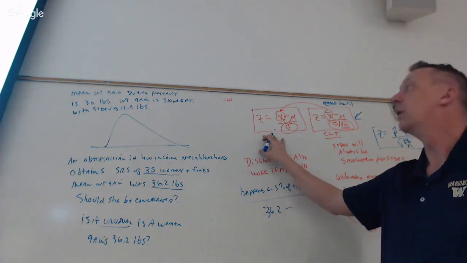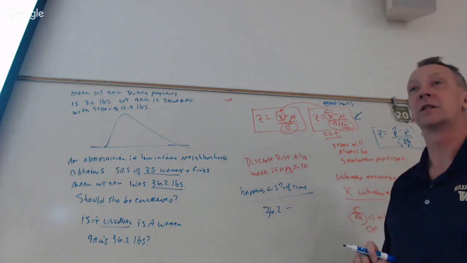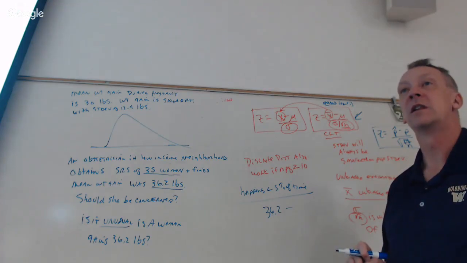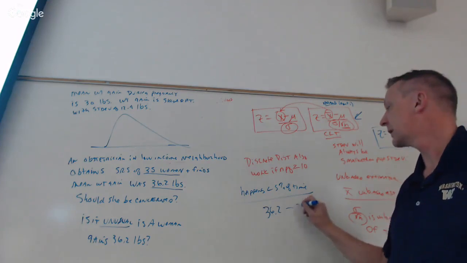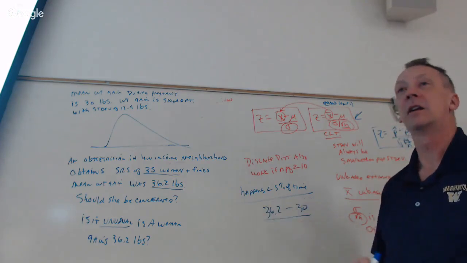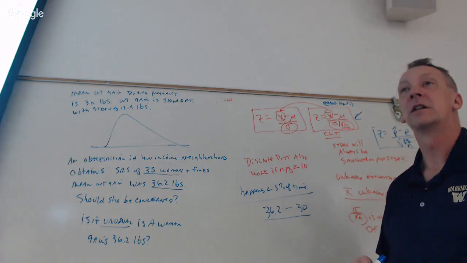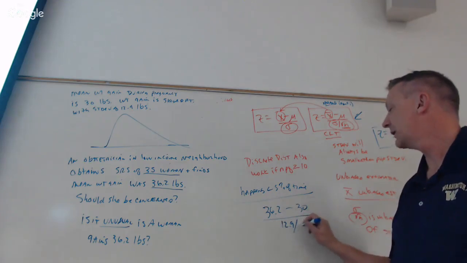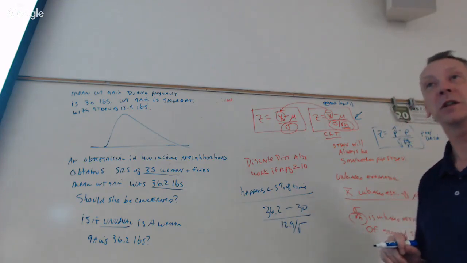What's the mean weight that a woman gains? 30 pounds. Divided by 12.9 and divided by the square root of how many women are we dealing with this time?